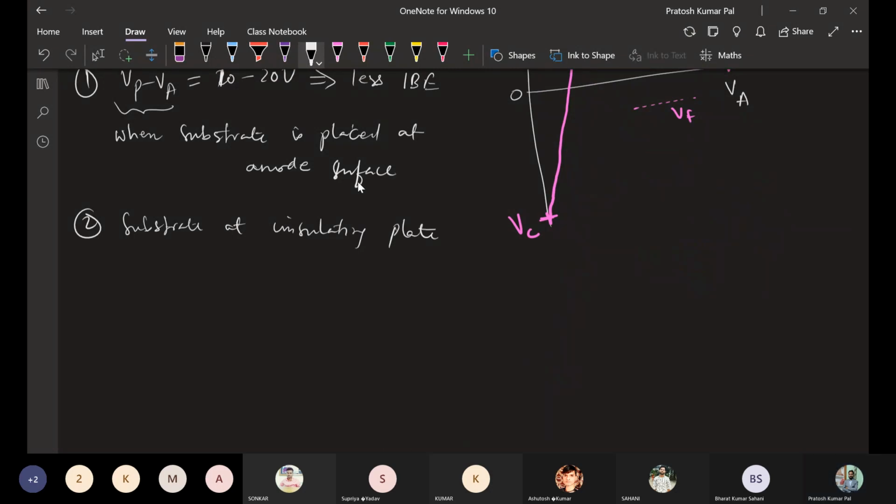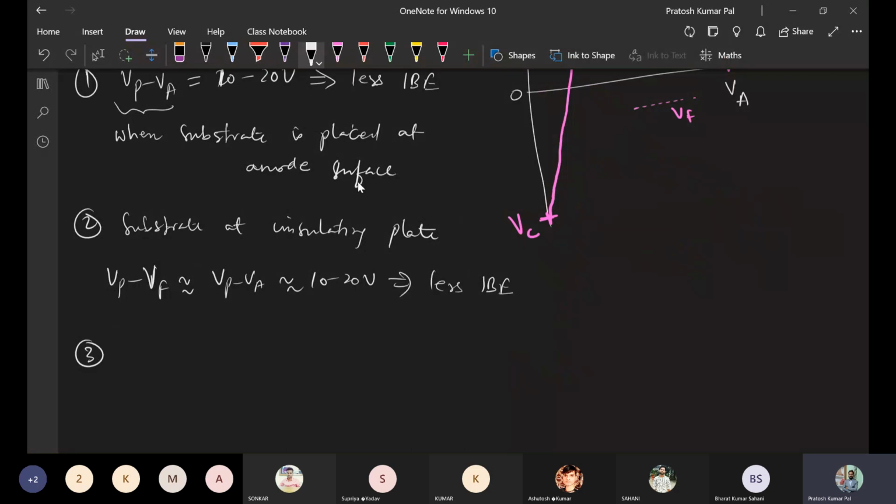Then the energy will be lower, and we find Vp minus Vf, which is similar to Vp minus Va only. There will not be much difference, a very small difference, so here also there will be less ion bombardment energy.